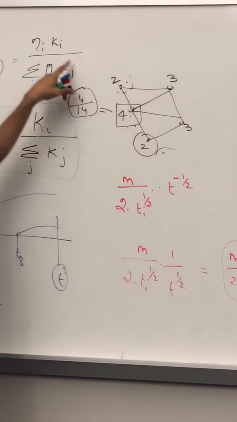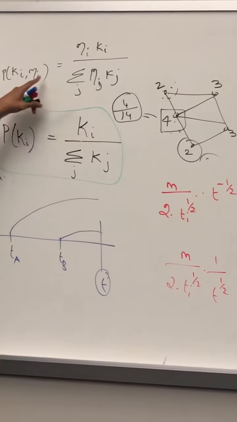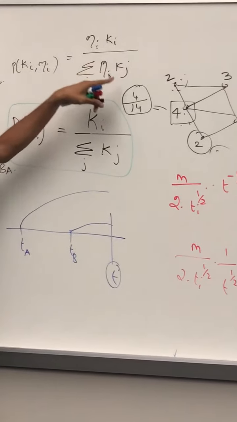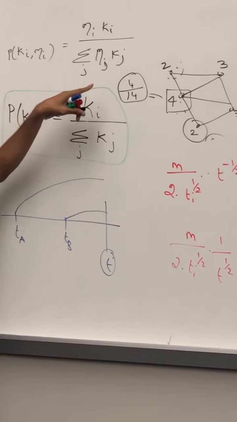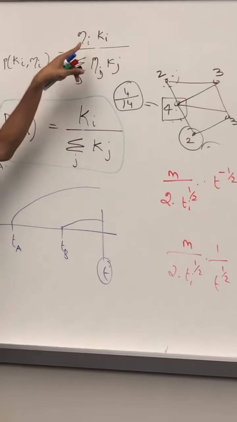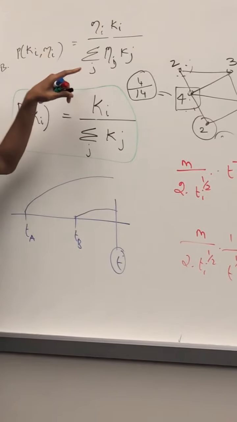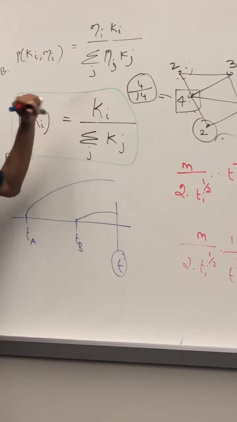So you multiply the degree and fitness. So it's a degree fitness product divided by the sum of the degree fitness product for all the nodes out there. So nodes that have a larger degree as well as a larger fitness are more likely to get the new link compared to nodes that have a smaller fitness or a smaller degree.